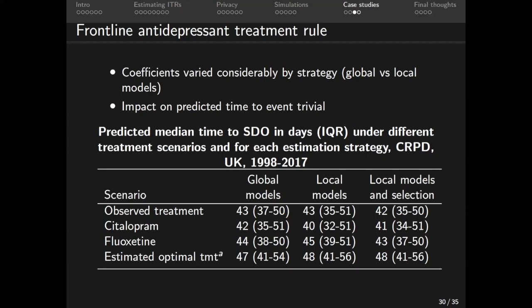Not too different if everyone were to be given citalopram, a little bit worse if everyone were to be given fluoxetine. But under our estimated treatment, we delayed these bad events by about a week. So again, it's not a tremendous difference, but it is some delay that is observed, or this improvement that is observed if we could personalize our treatment.